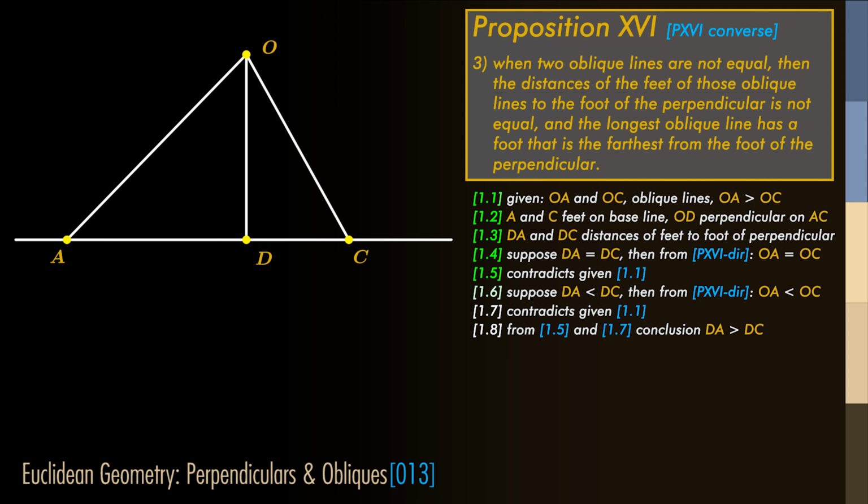On the other hand, if the distance from A to the perpendicular was smaller than the distance of C to the perpendicular, then we know out of the direct proposition that the oblique line ending in A must be smaller than the oblique line ending in C, again contrary to the assumed. So the only possibility that remains is that AD is greater than DC.